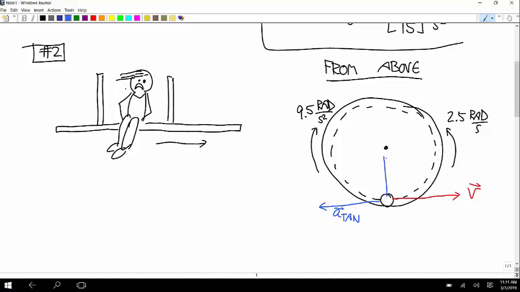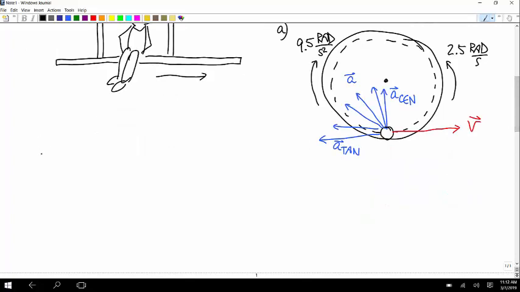Centripetal is always towards the center. And so the total acceleration is somewhere in that range. So that's part A.